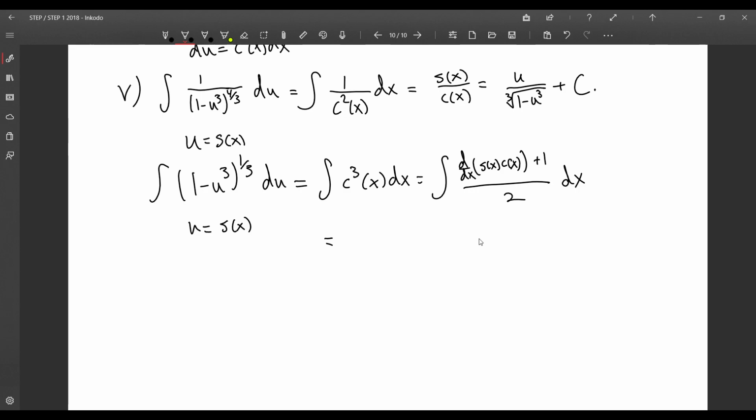So that's going to be s of x, c of x over 2 plus x over 2. So that's going to be u times the cube root of 1 minus u cubed over 2 plus s inverse of u over 2 plus c.